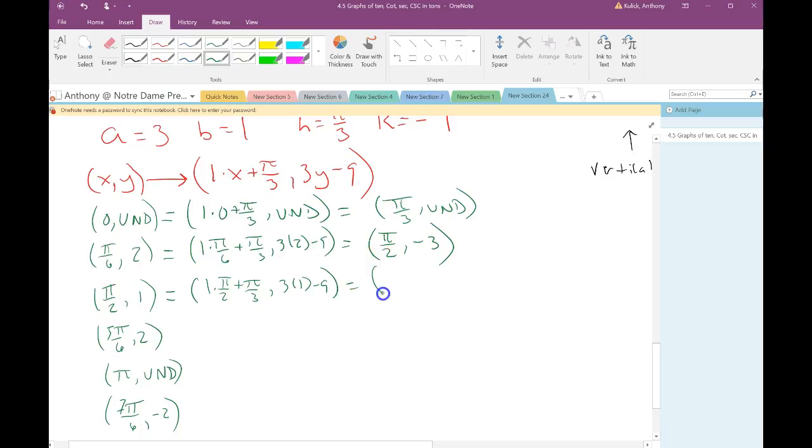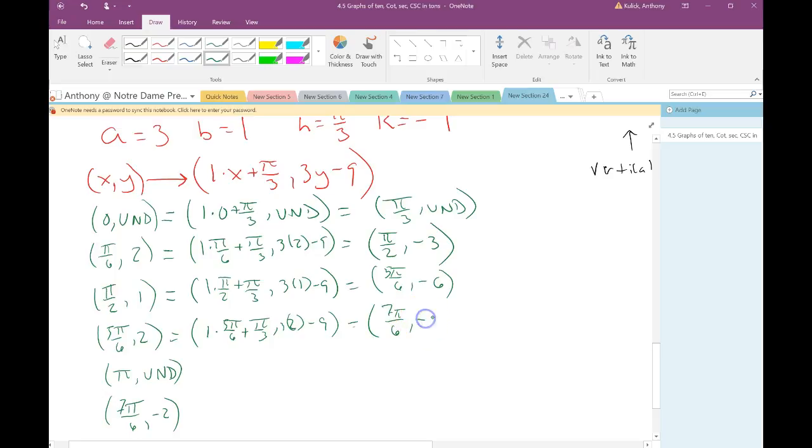Okay. And what is pi over 2 plus pi over 3? 5 pi over 6? Is that what you said? Okay. And the next one, just going down the line. And what is 5 pi over 6 plus pi over 3? 7 pi over 6.